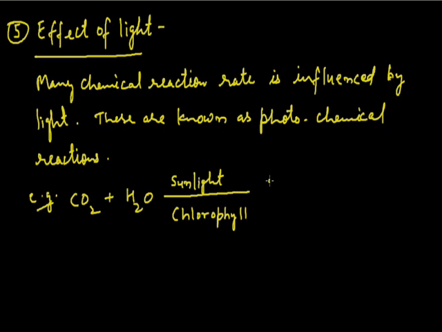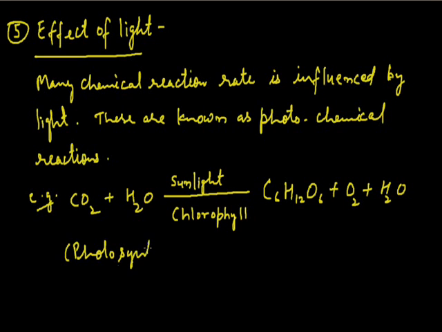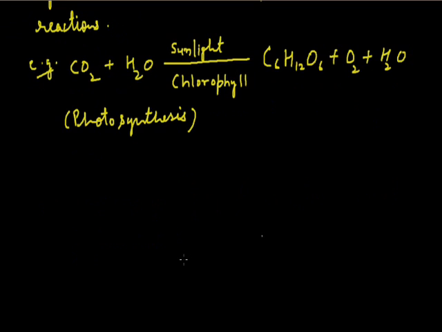Here CO2 and H2O react in presence of sunlight in presence of chlorophyll, produces glucose, oxygen and water. When silver bromide is exposed to light, it breaks into silver and bromine.